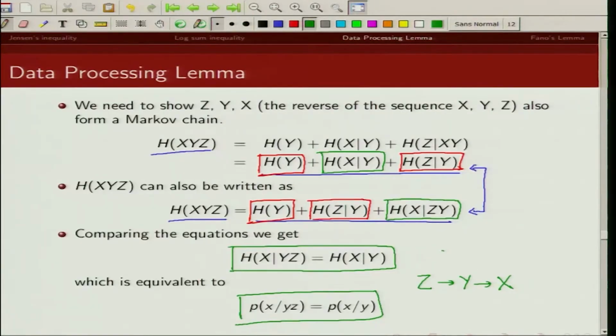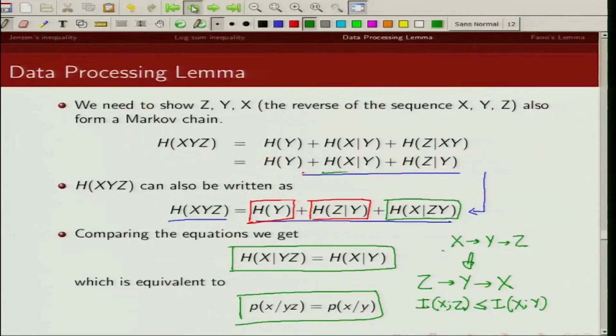So what I have shown you is, if x, y and z form a Markov chain, this also implies that z, y and x will form a Markov chain, and hence using the proof that we just showed before, we can write that mutual information between x and z is less than or equal to mutual information between x and y.